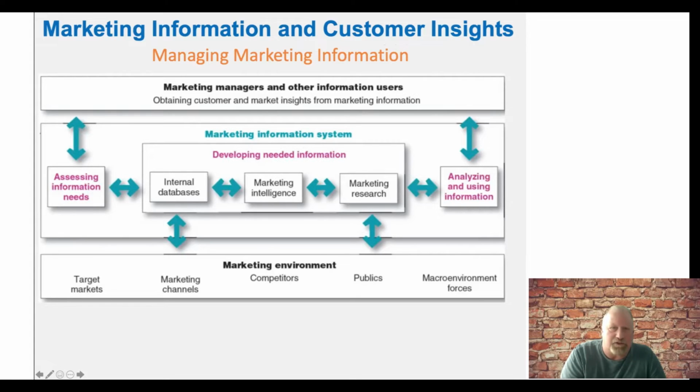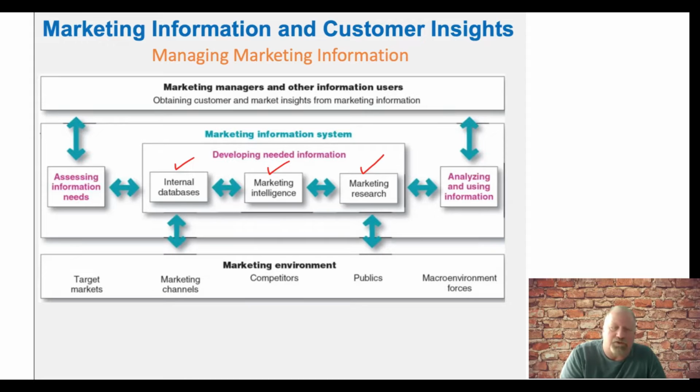If we look inside the very middle of this figure, called developing needed information, we see three things: internal databases, marketing intelligence, and market research. These are the ways in which we compile information as an organization in order to make these decisions. So this is the actual function of compiling that information.